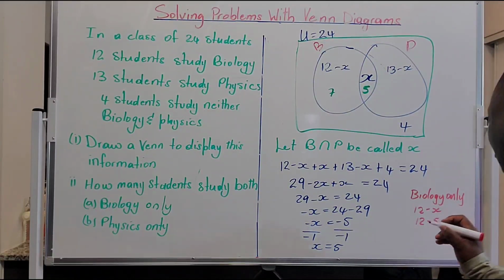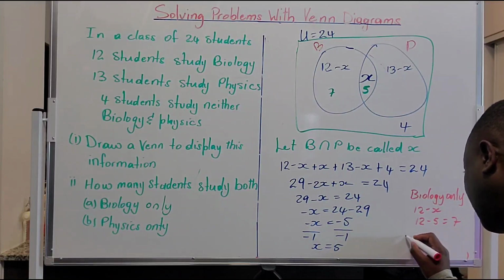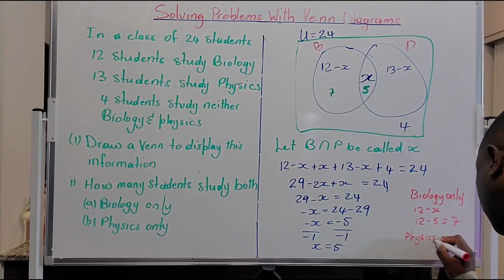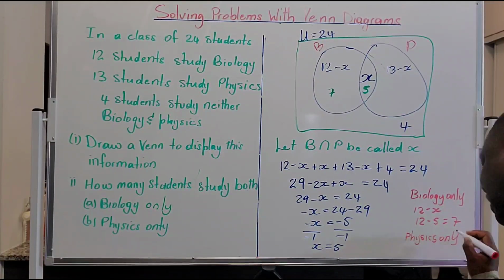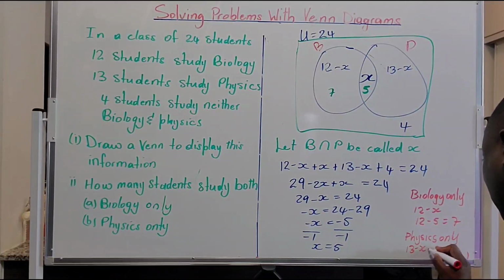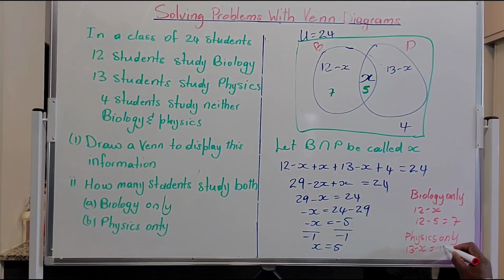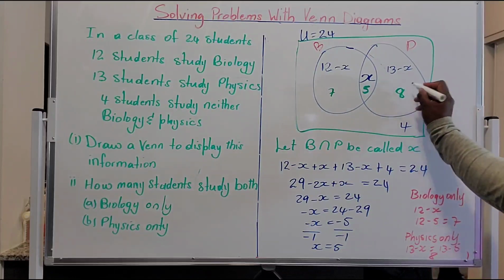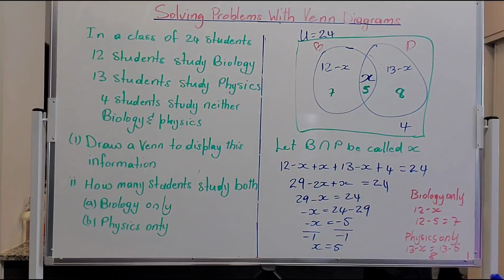Again, we want to look at physics only. Well, physics only would be, as you can see, 13 take X, which would be 13 take 5, which will give us 8. So we can safely say then that 8 students would have studied just physics.